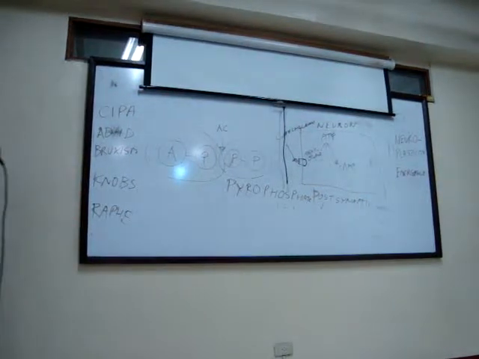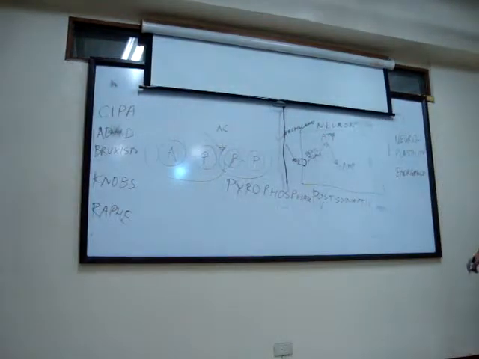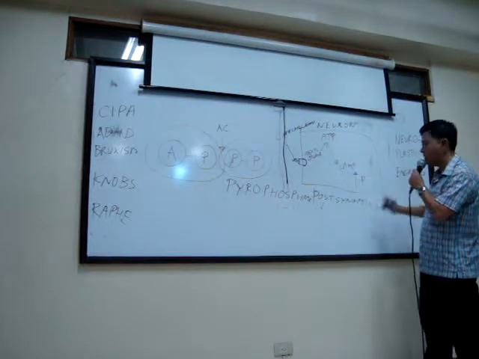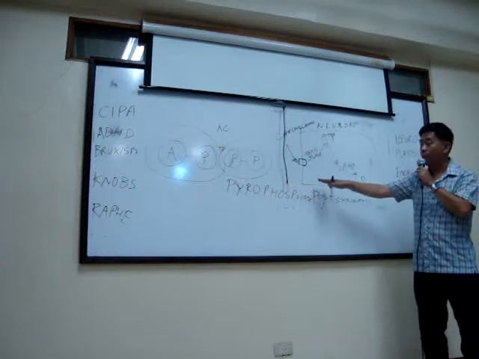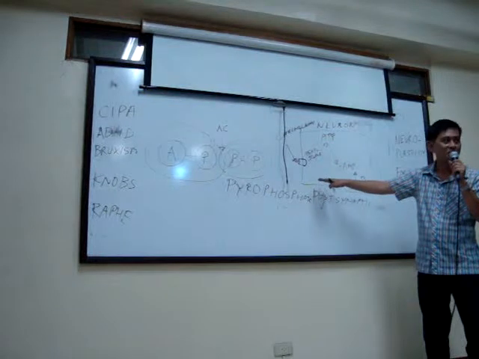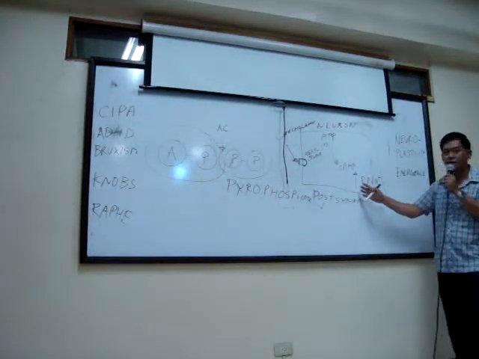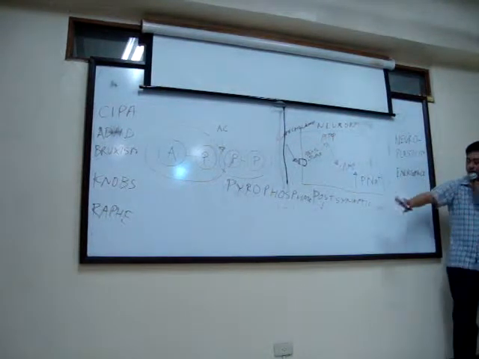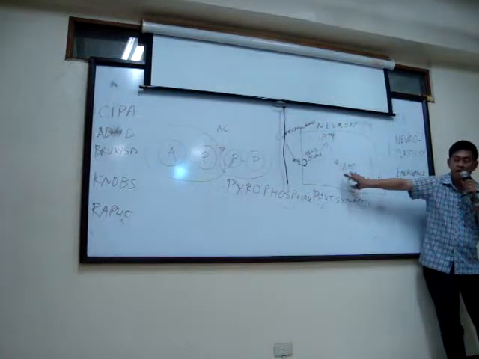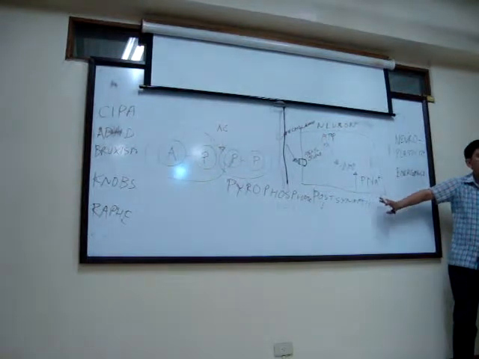Now, an increase in cyclic AMP is associated with an increase in the permeability of the cell membrane of the postsynaptic cell to what ion? Sodium. Once you have an increase in cAMP, there's an increase in permeability of the membrane to sodium.